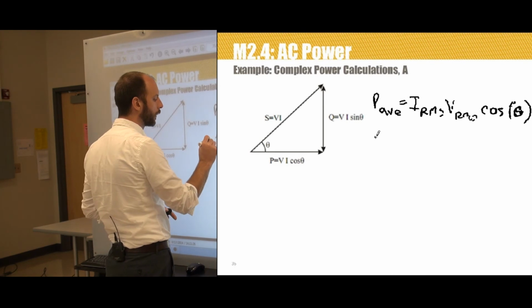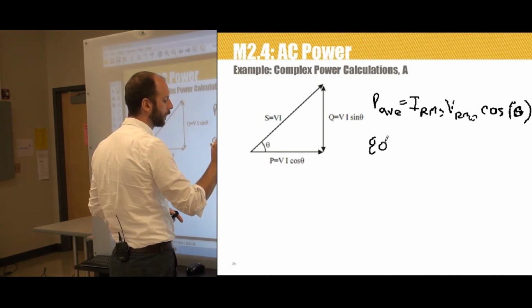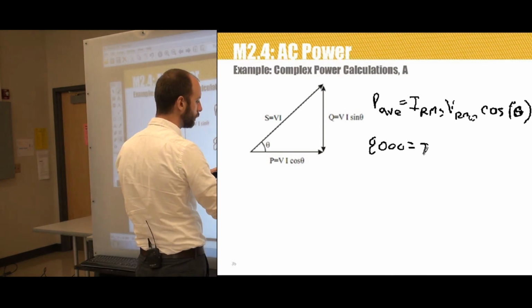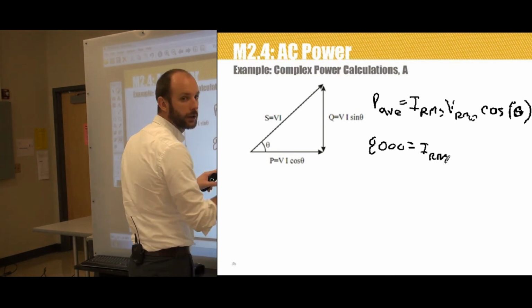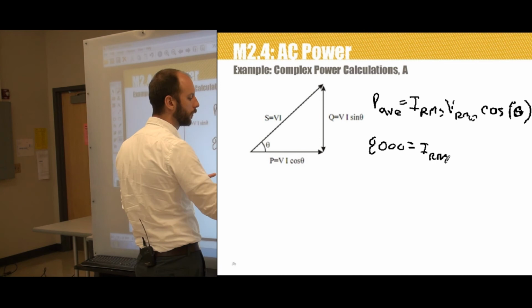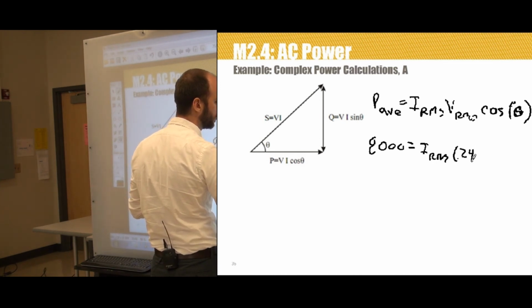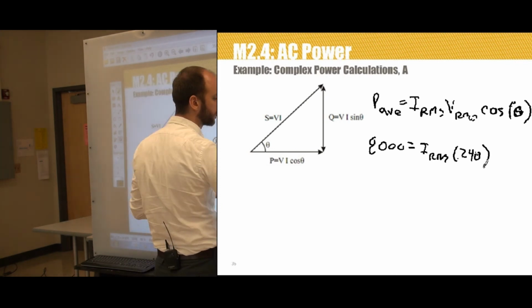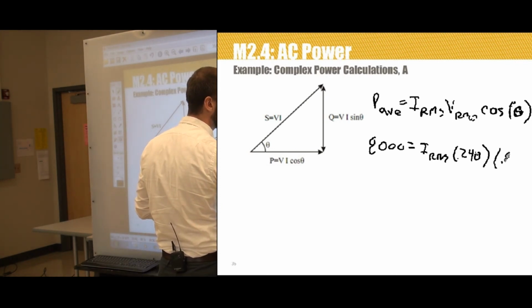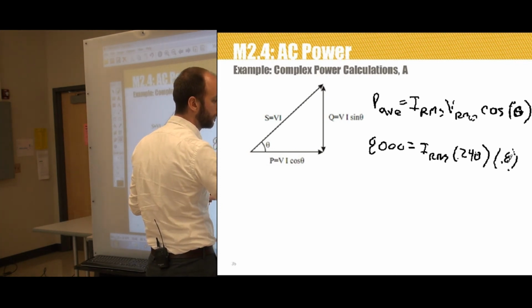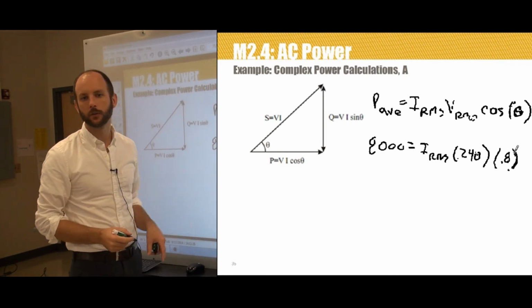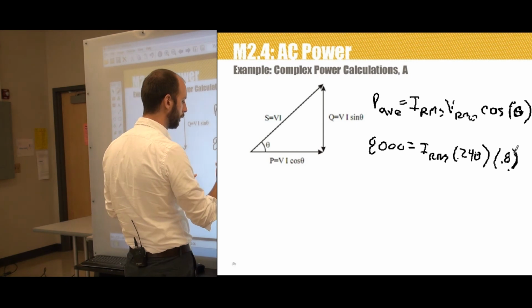We saw that we had 8 kilowatts or 8,000 watts. We don't know I RMS. V RMS was given to us as 240 volts in the problem statement. And then cosine of theta was given to us as the power factor, 0.8. We do all that math, we get the RMS current is 41.67 amps.